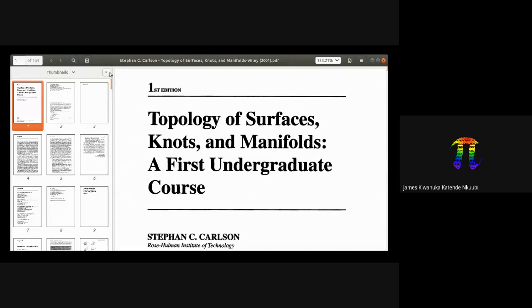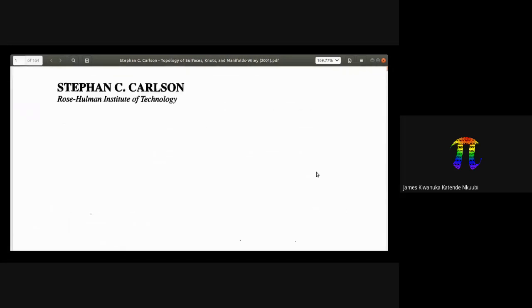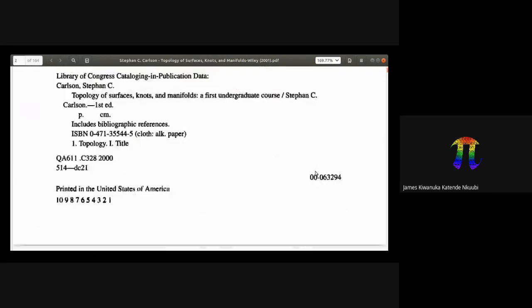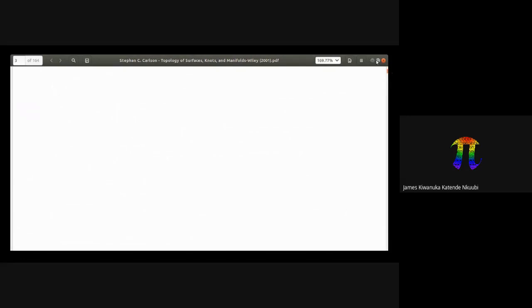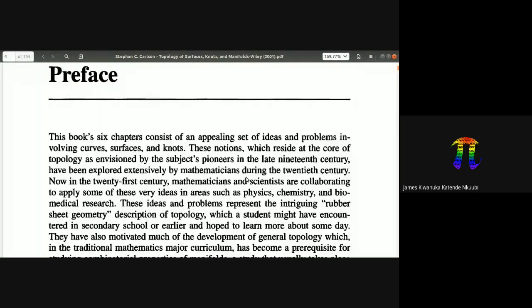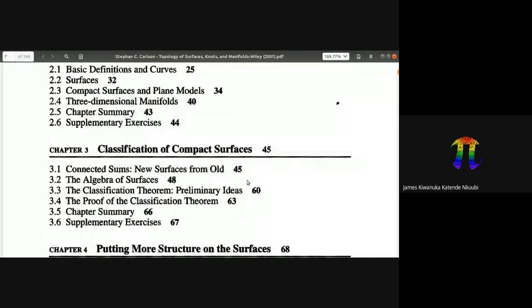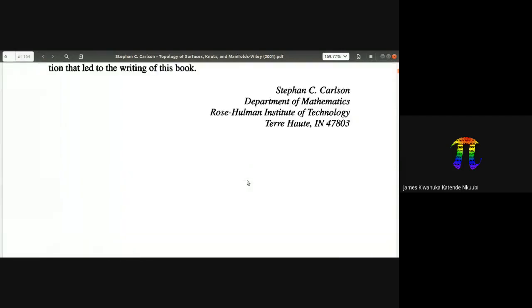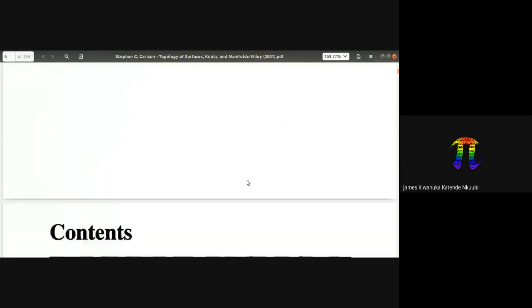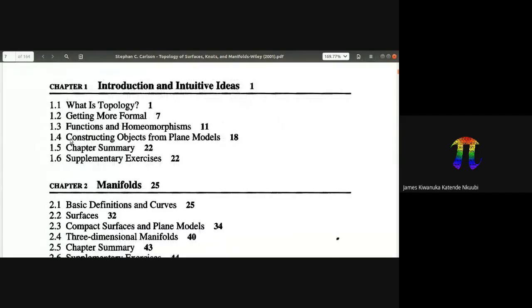Now there are some sections in the book that I want you to read, and those are the ones involving the construction of plane models. Yeah, section 1.4, constructing objects from plane models, starts from page 18 and up.